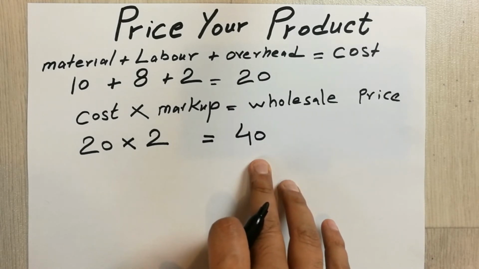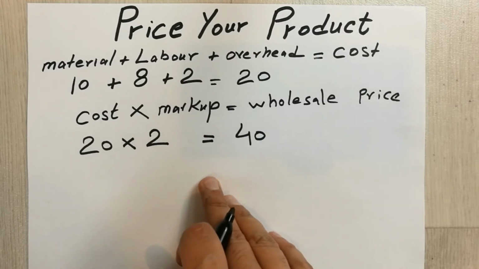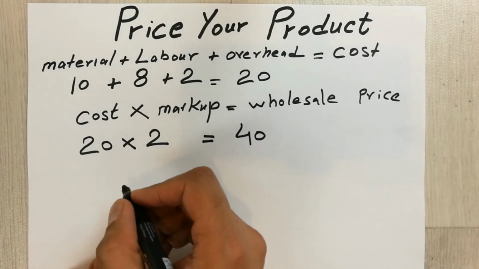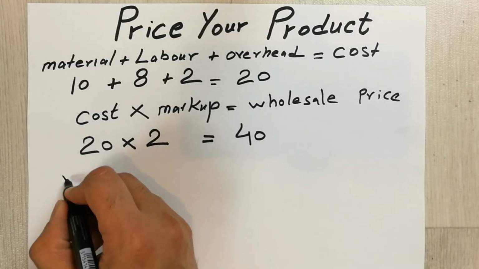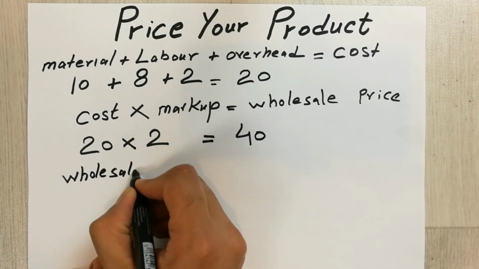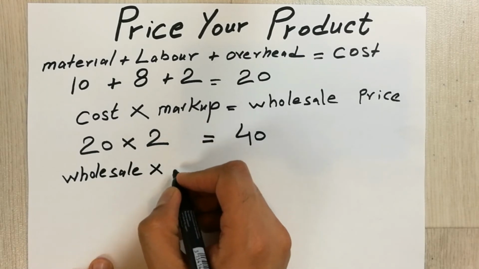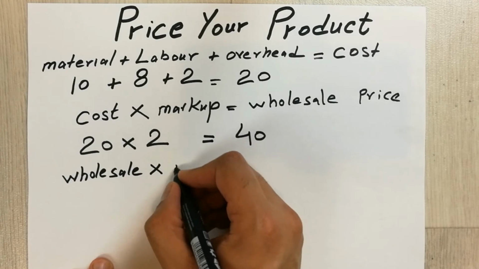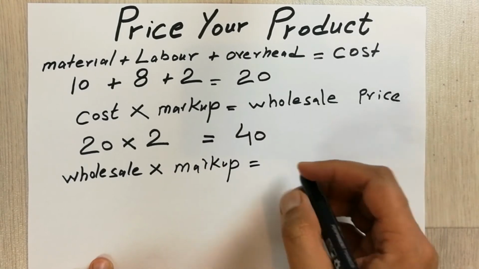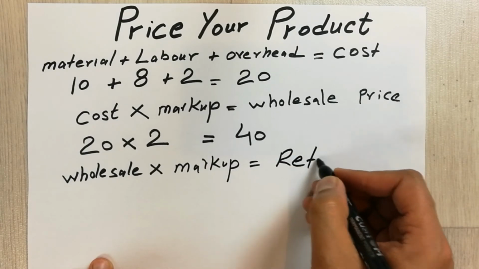So for the next step, we will get our retail price. How can we get the retail price? Same thing we have to do. We have to multiply the wholesale price with the markup, then we will get our retail price.